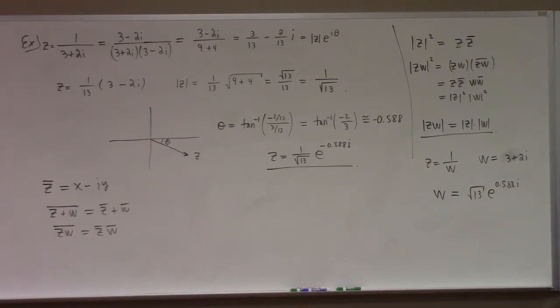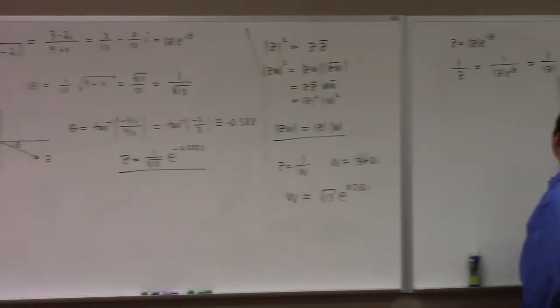More generally, if you have z is equal to modulus of z times e to the i theta, then what's 1 over z? 1 over z is 1 over modulus of z e to the minus i theta.